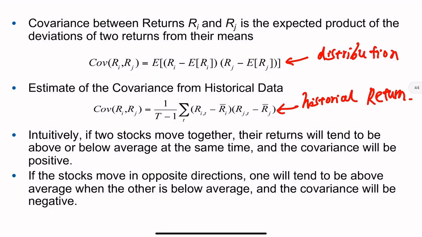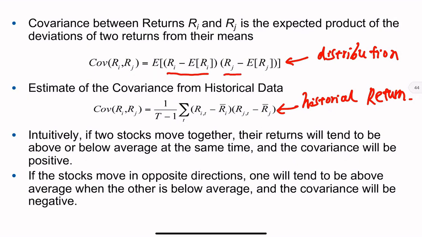So in the first case, when you're having a probability distribution, if you want to calculate the covariance between two returns, Ri and Rj, then the covariance is given by the first formula. And you could actually decompose this somewhat complicated formula, right? This part is the deviation of return I from its expected return.